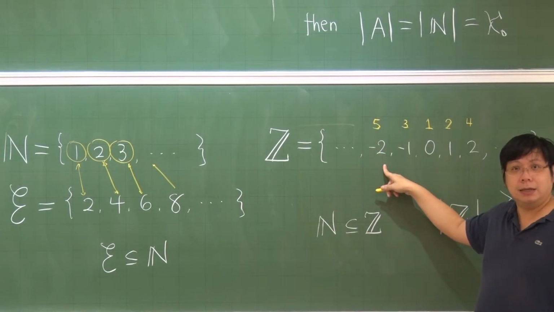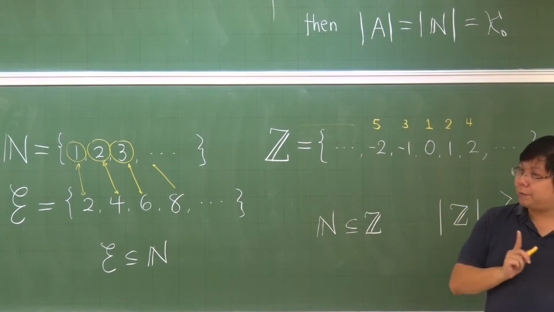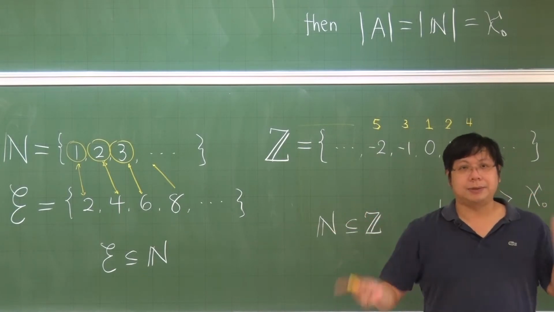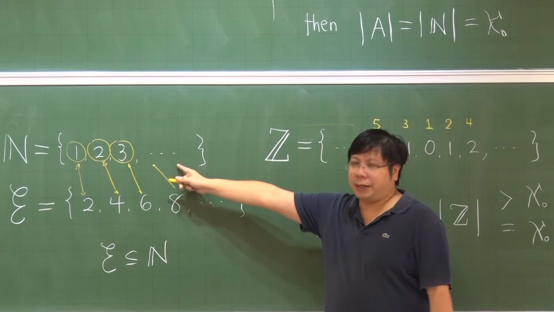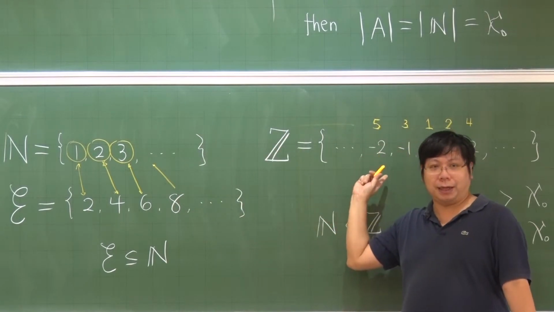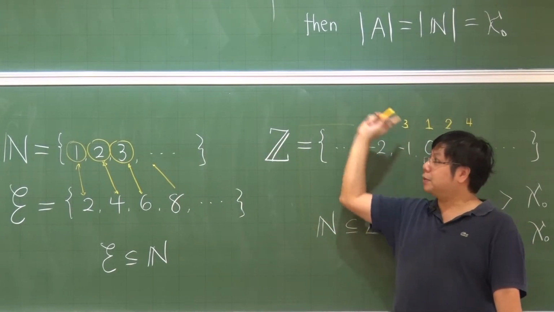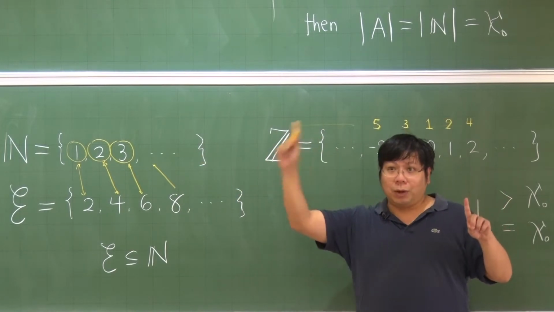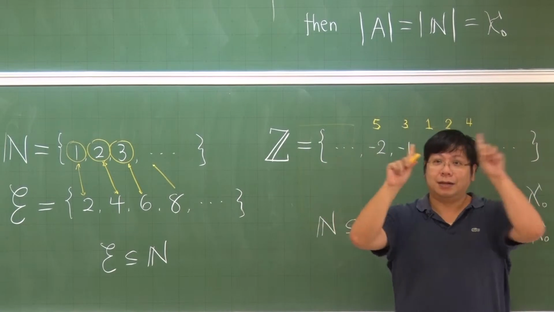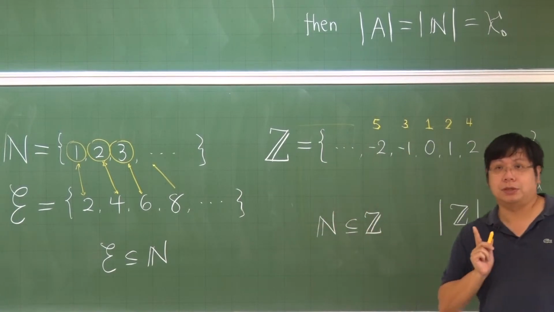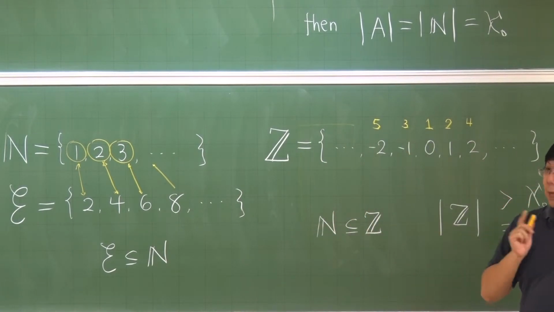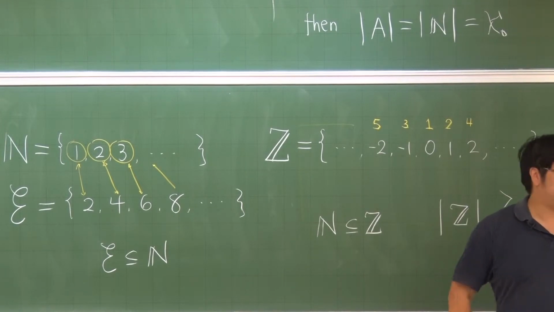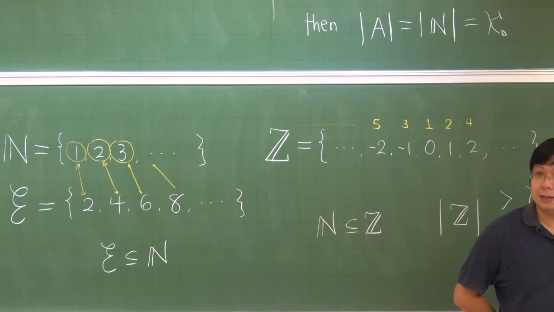Although the corresponding function may not be easy to compute, I know there is a way that every number here corresponds to a particular number there, and vice versa. So this establishes a unique one-to-one matching between the two sets, and in that sense they have equal size.